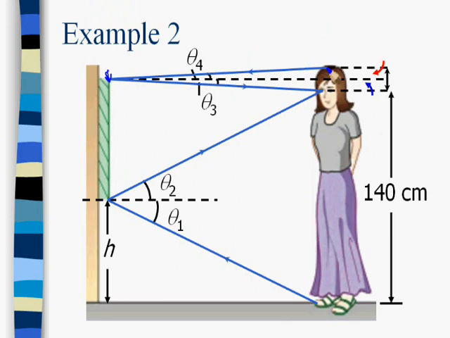We find that it is 5 centimeters below the head of the girl, or we can say that this distance is 150 centimeters and 5 centimeters below means the top edge, that is this edge, is 145 centimeters above the floor. So that is, I think, clear to all of you.